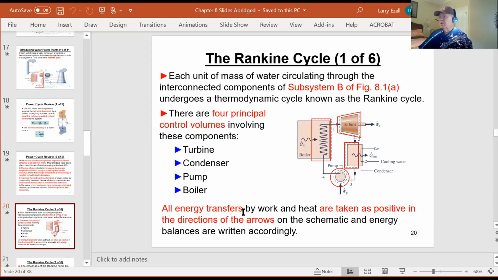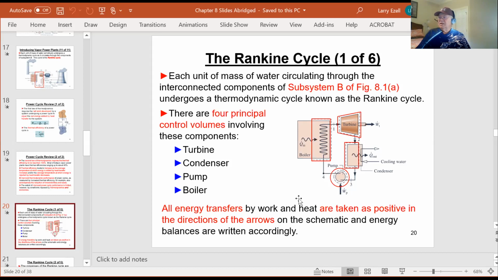Now, the way he says all energy transfers by work and heat are taken as positive in the directions of the arrow. I still like to use the algebraic plus and minuses, but he's saying if you draw the arrow and show this work coming out, you can call it a plus. If you show this Q coming in, you can call this a plus. If you show this Q going in this direction, you can call it a plus. You call this work coming in a plus.